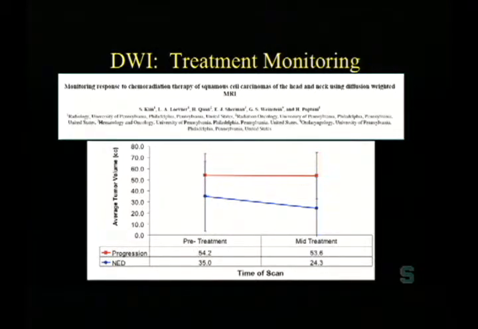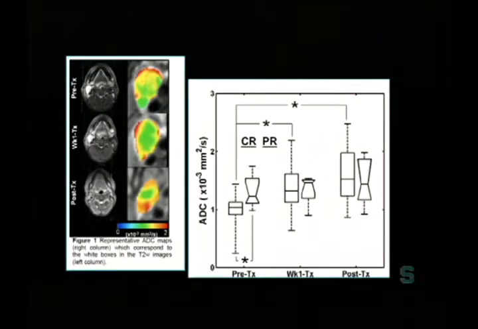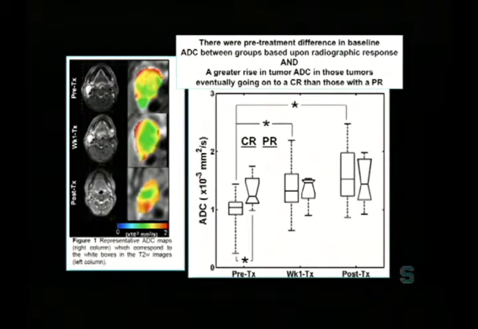And this was just measuring volume. What this indicated very nicely, and this was confirmed at our institution as well in a follow-up study, was that early, during treatment, changes in tumor volume are not a reliable method for predicting response.